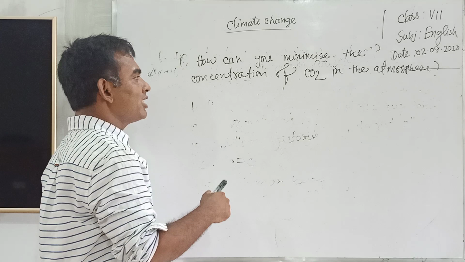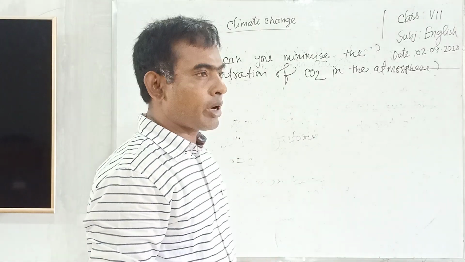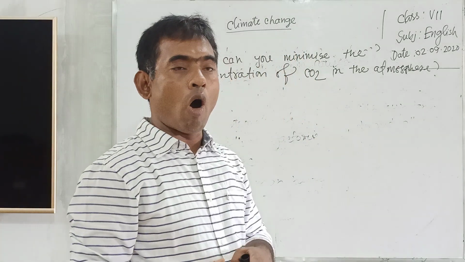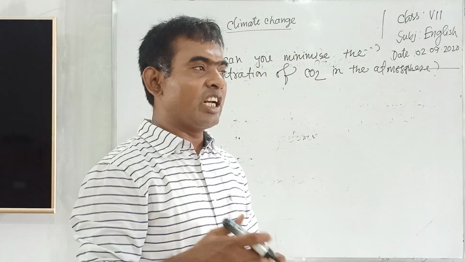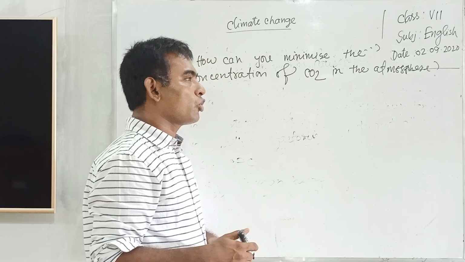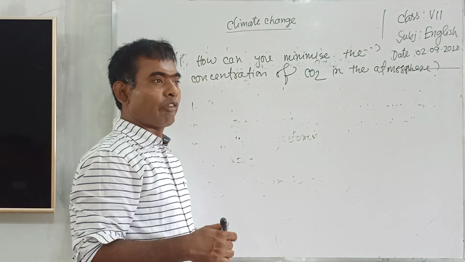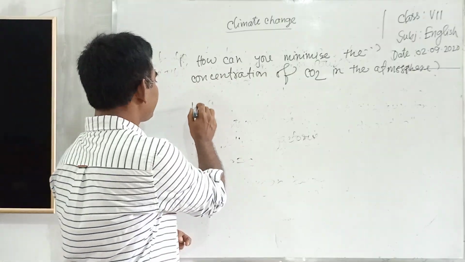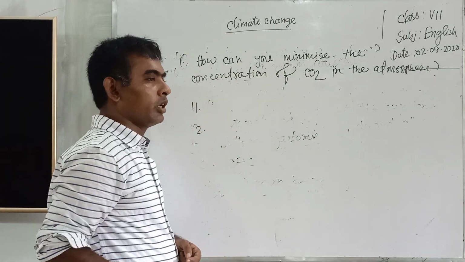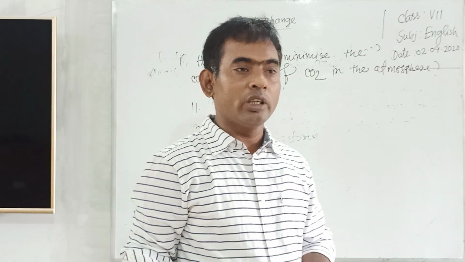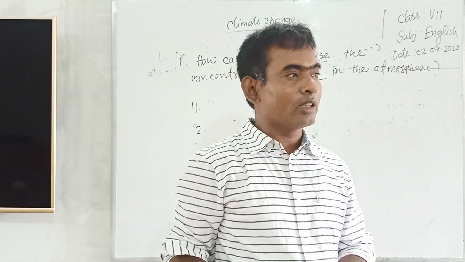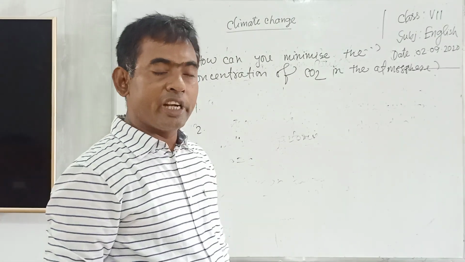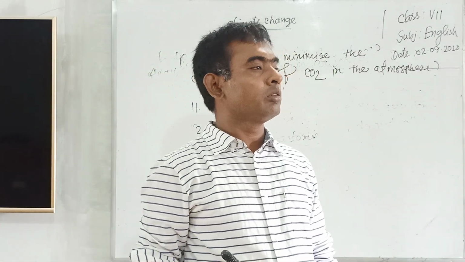We can minimize the concentration of carbon dioxide by using alternative ways in our daily life, such as not to burn the fossil fuels unnecessarily, and use solar energy instead of fossil fuels, and create awareness among the people.